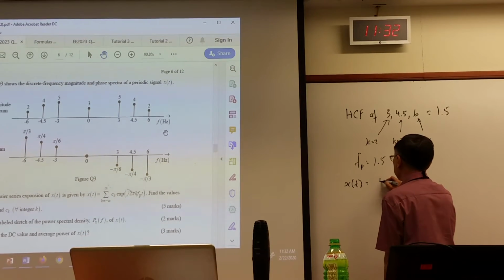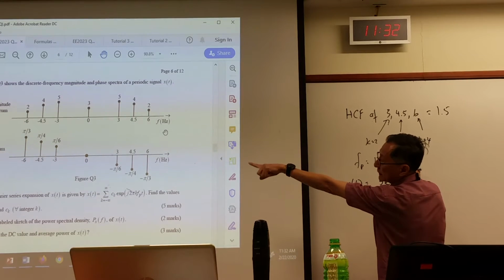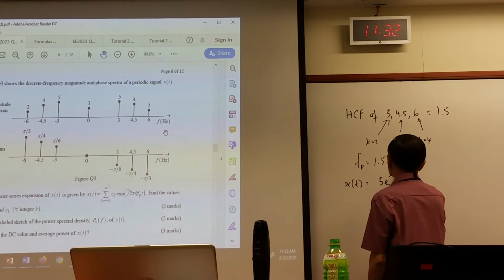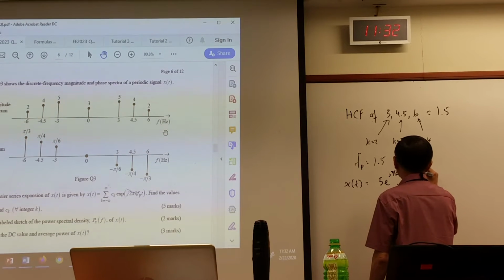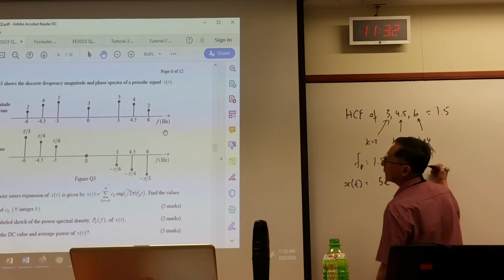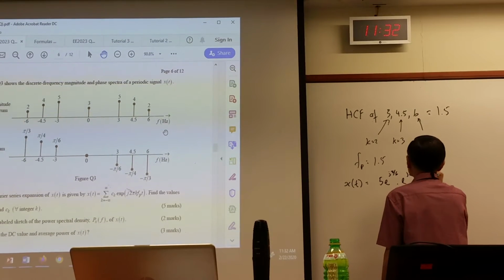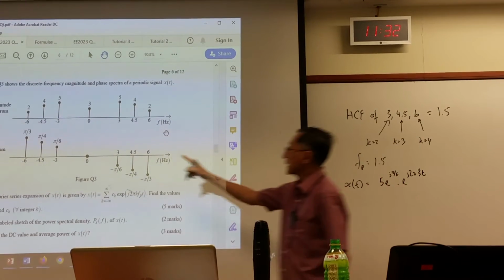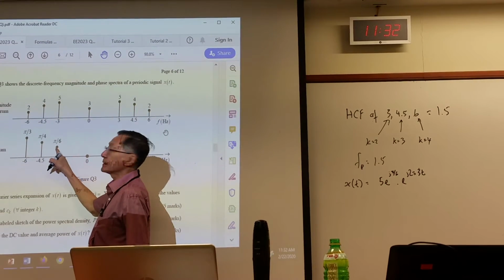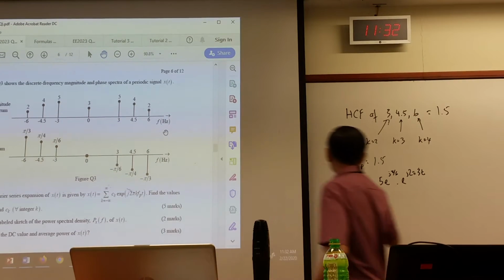So 5 e to the j, let's take the negative first, pi over 6, times e to the j 2 pi 3. So this is for this one: 5 times magnitude phase at a frequency of 3.